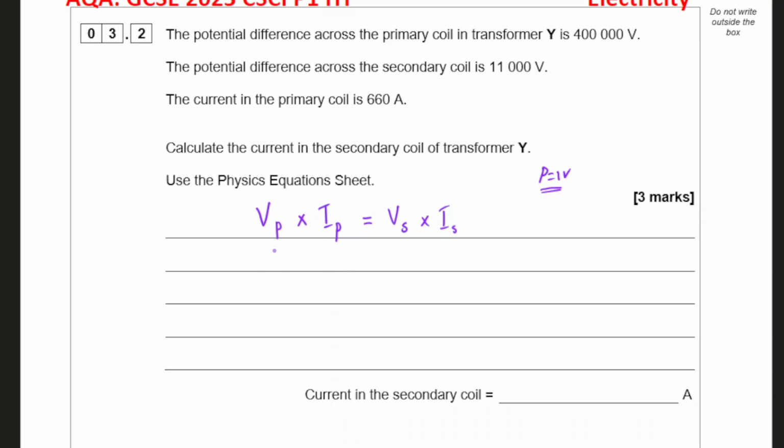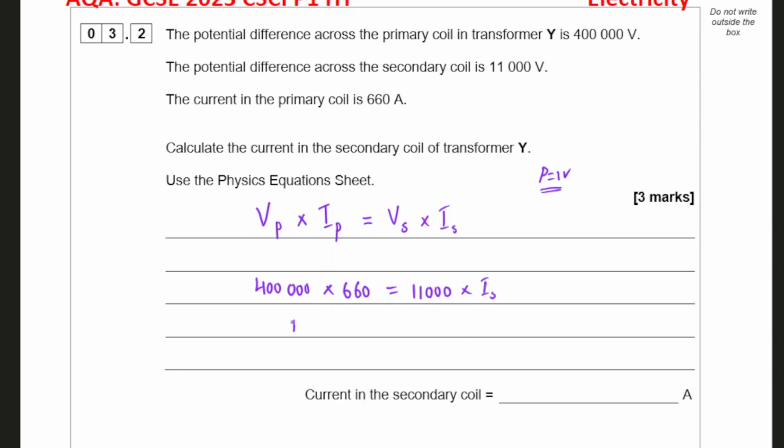So voltage in the primary is 400,000 multiplied by 660 is equal to 11,000 times the current in the secondary.